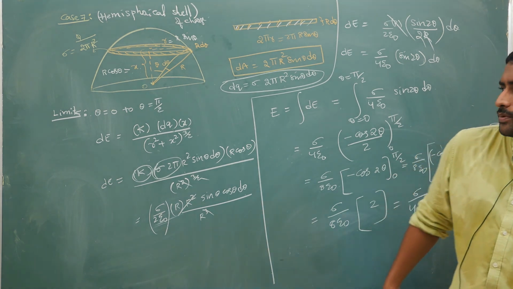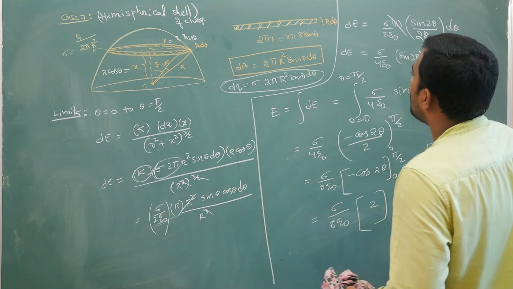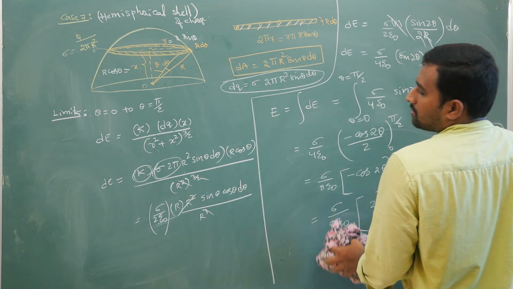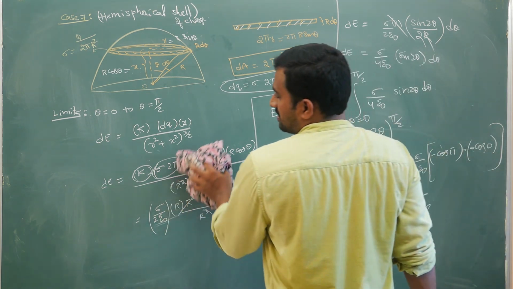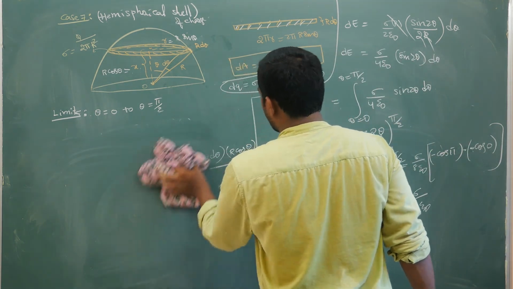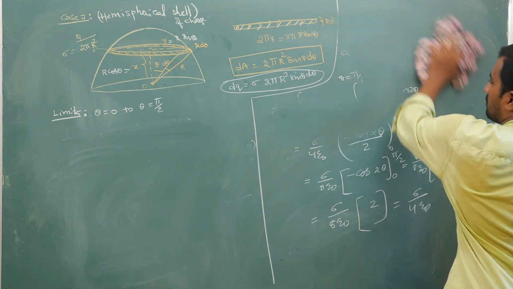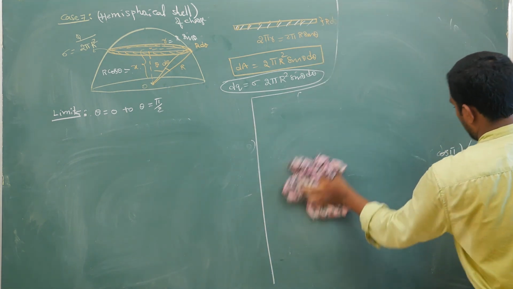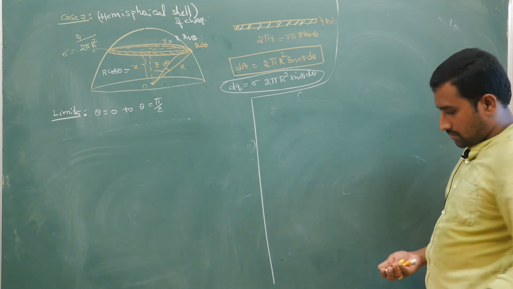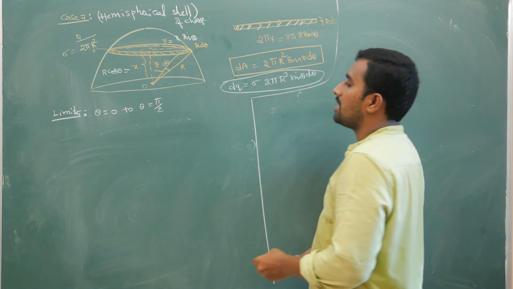Now to get the potential, it's not so tough, just change the basic definition, that's all. Limit, strip, everything is the same. So now here also the same logic.